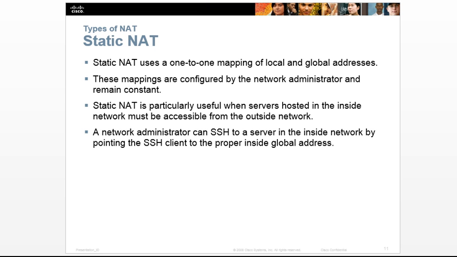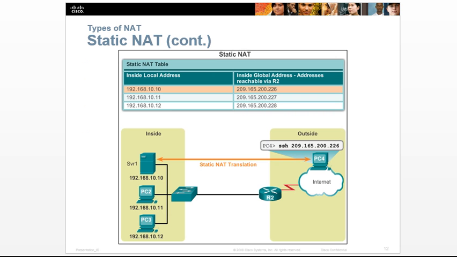In their example, a network admin can SSH into a server inside the network by pointing the SSH clients to the proper inside global address. So here we have an example of that. In their example, a static mapping from 192.168.10.10 is set up with 209.165.200.226.